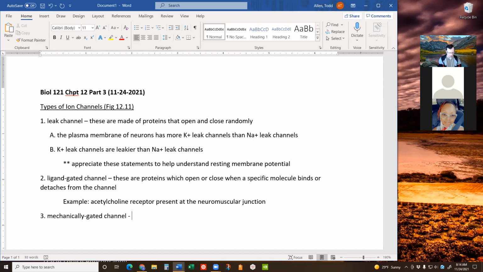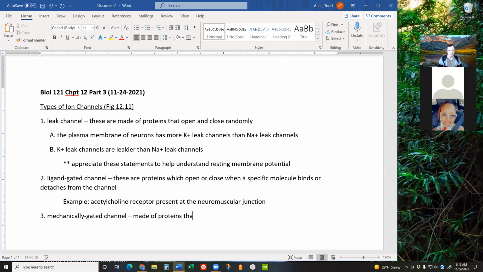So these kinds of channels are made of proteins that open or close in response to a physical stimulus, such as touch, vibration, pressure, and tissue stretching.